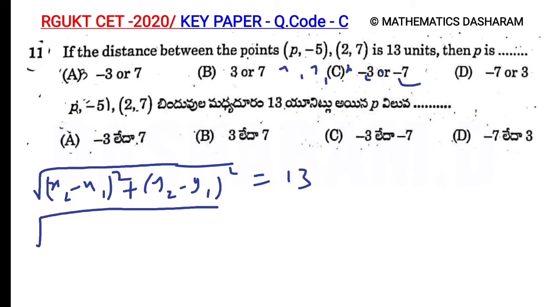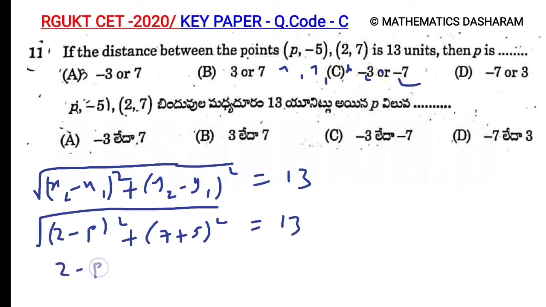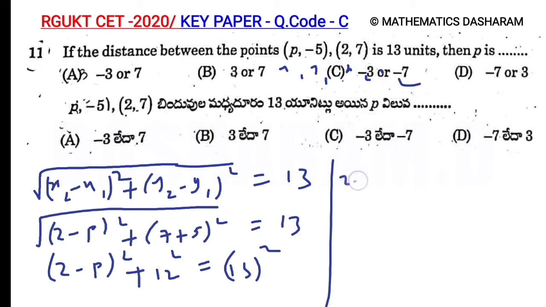So x2 value is 2 minus p whole square, y2 minus y1 is 7 plus 5 whole square, equals 13. So (2 minus p) whole square plus 7 plus 5 is 12 square, and the square root will become square. So (2 minus p) whole square equals 13 square is 169, 12 square is 144.